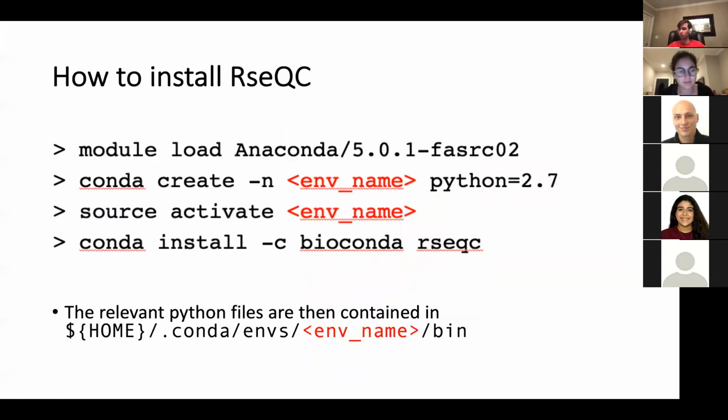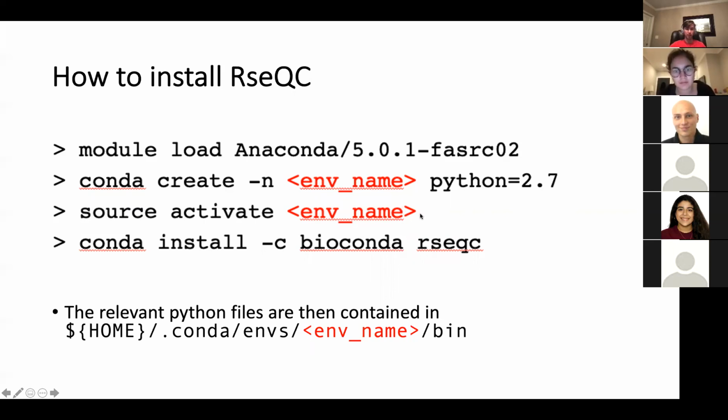Installing RSeQC is a little bit tricky. I don't know if you saw my Slack post, where I responded to somebody and suggested this as a way to install RSeQC. Basically you load Anaconda, which is Python and Conda, a package manager. Then you create a Conda environment like this.